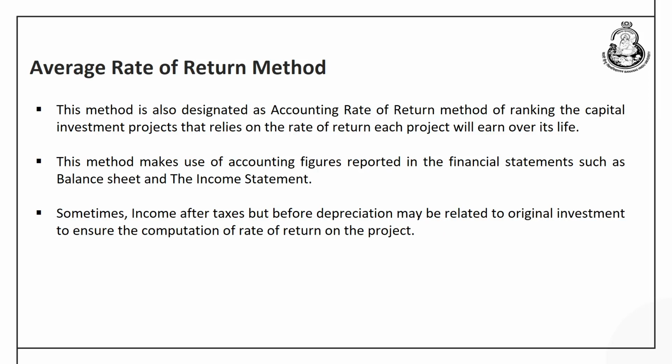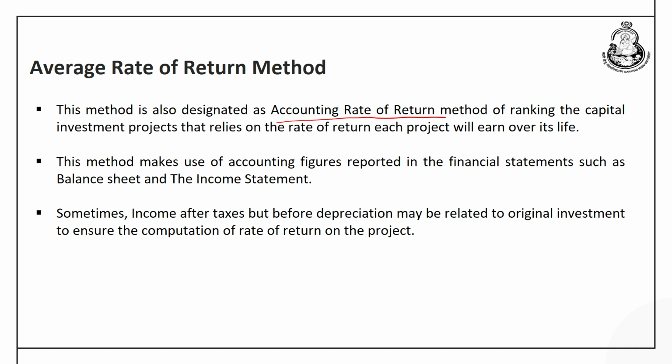Now, we shall start with the first technique of non discounted techniques of capital budgeting. Here the technique is known as the average rate of return method. This method is also known as the accounting rate of return method, which is used for ranking the capital investment projects, and relies on the rate of return each project will earn over its life.